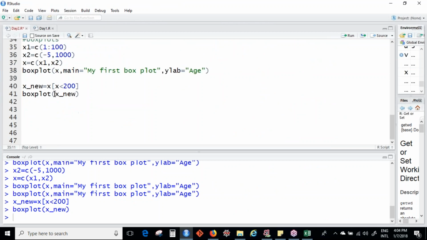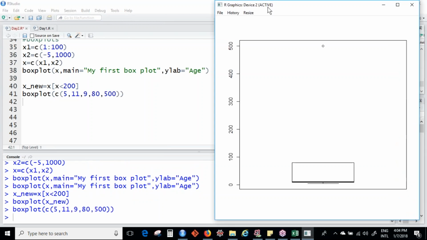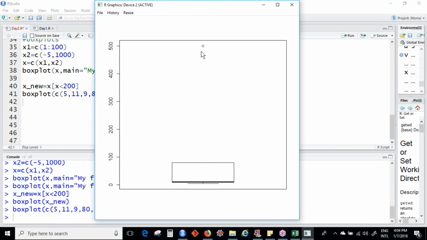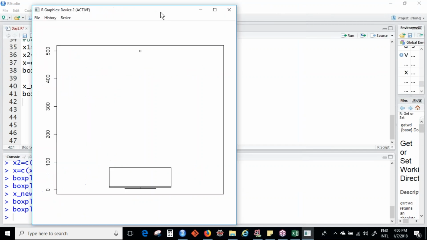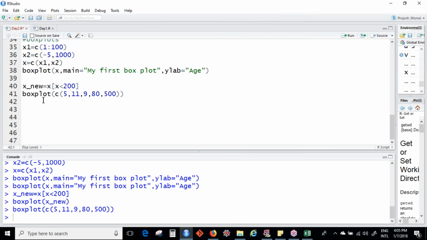So box plot of 5, 11, 9, 80 and 500. I think 500 will be shown as an outlier. Yes, just 500 is being shown as an outlier, not the others. So you can do it this way also, directly giving the values.